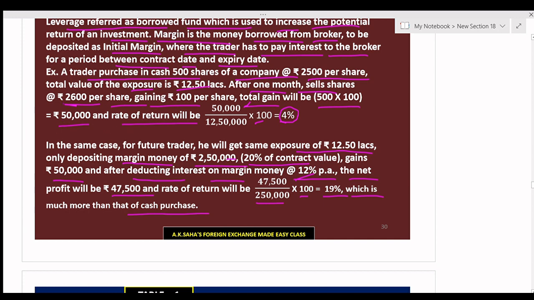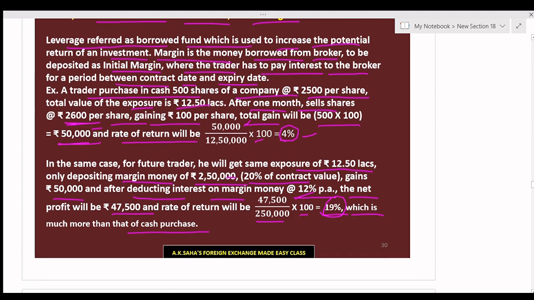there will be a loss of rupees 100, and the quantum will be rupees 50,000. So the cash trader will suffer a loss of 4% of his investment. In the same case, the futures trader will suffer 19%, which is higher than 4%.